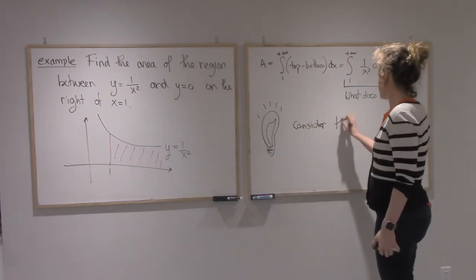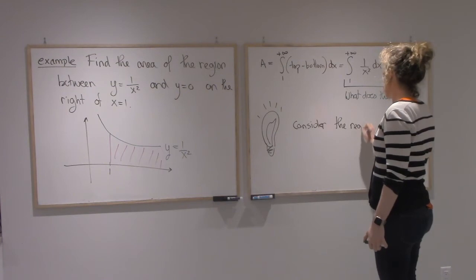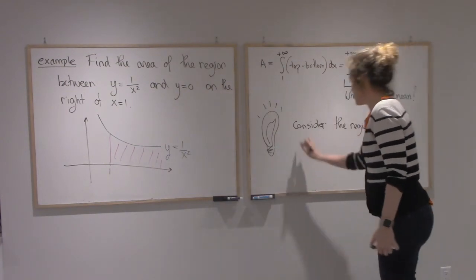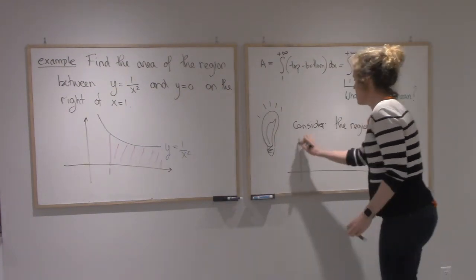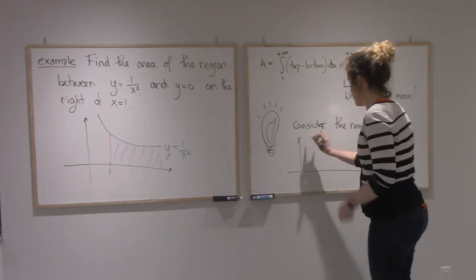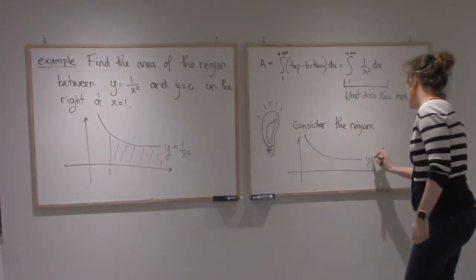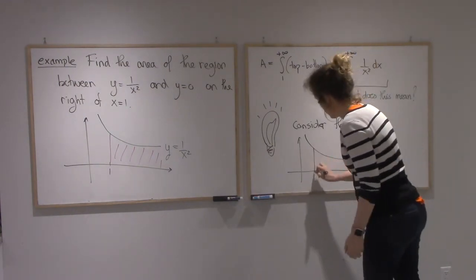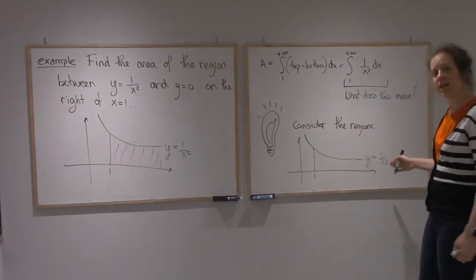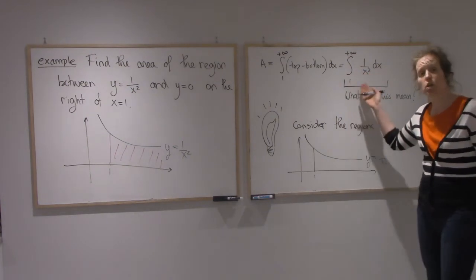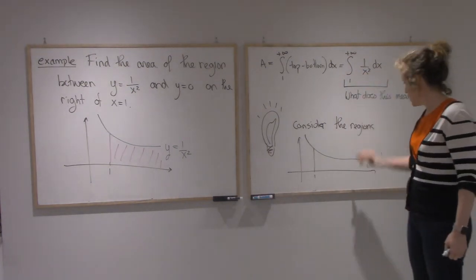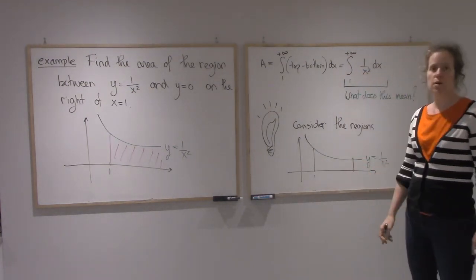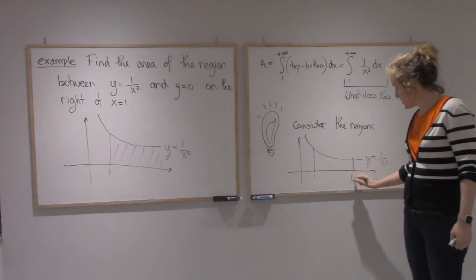So consider the regions. I'm going to start the same way. I'm going to still have my y equals 1 over x squared. I'm going to still start at 1. But instead of letting it go forever, which was the reason I couldn't complete this computation, I'm going to stop it somewhere. I'm going to stop it at t.